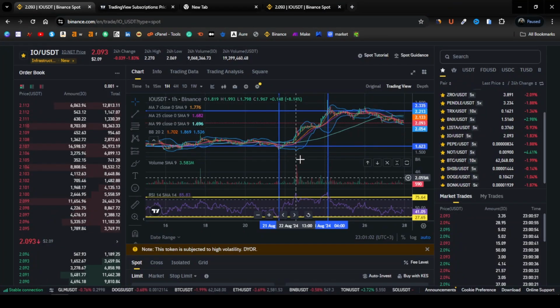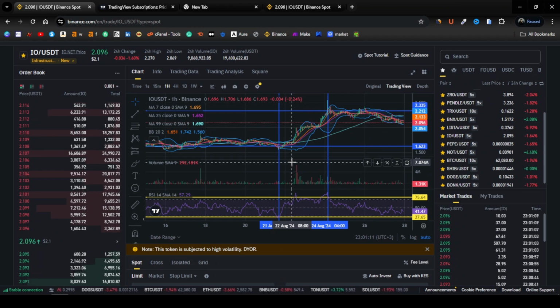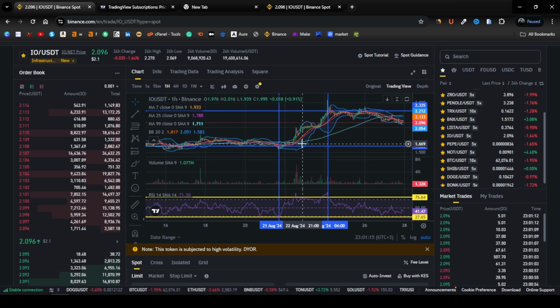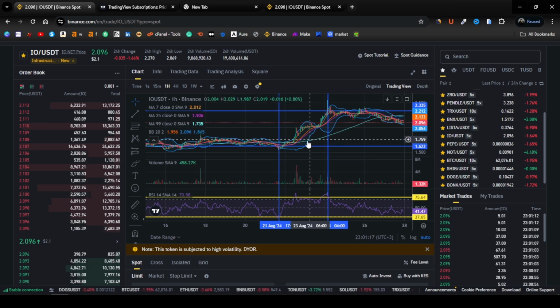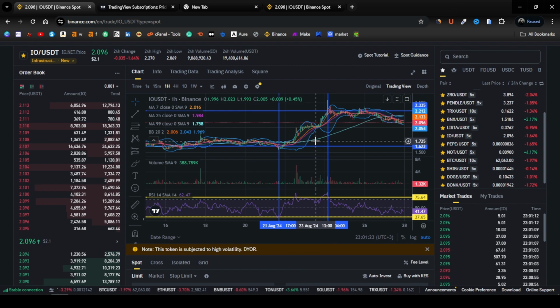Now there's something I wanted to mention. Let's say you want to do a projection of how much you can make. If you want to invest $100, or maybe $1,000, and you want to know how much you are going to make at the current price if the coin increases maybe by 20%, or maybe 50%, or maybe even 10%.